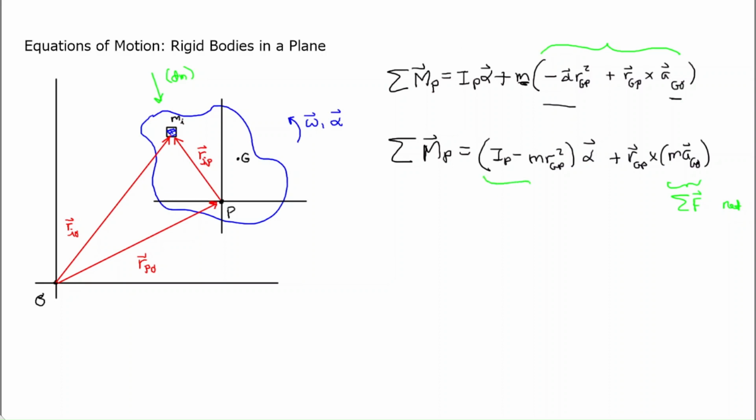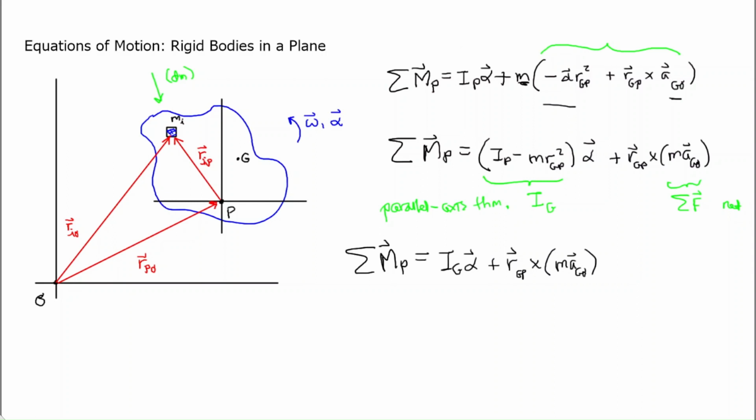Okay, now this might look a little backwards, but using our parallel axis theorem, this is really equal to I sub G. Okay, so finally, we get the sum of moments about P, any point P we like, equals I sub G times alpha, plus this last term, R sub GP cross the net force, M times A sub GO.